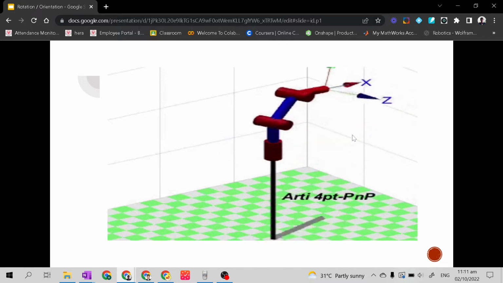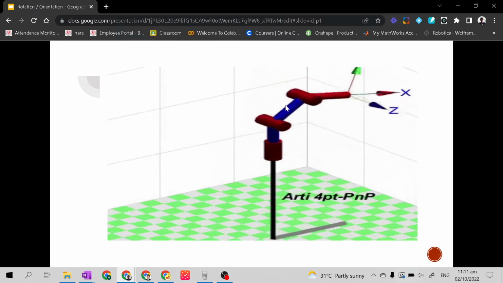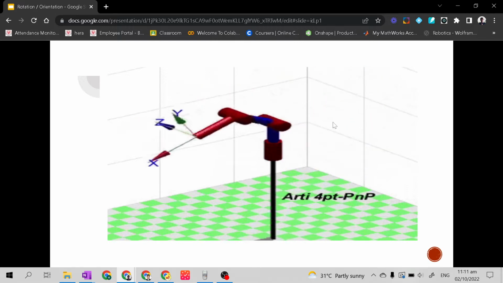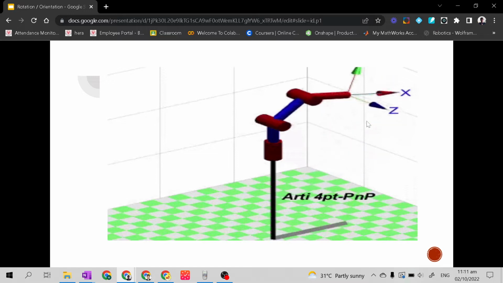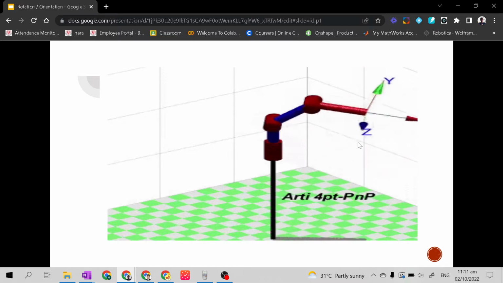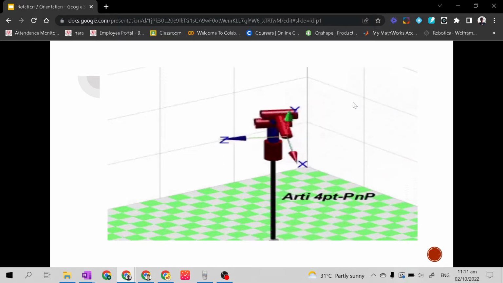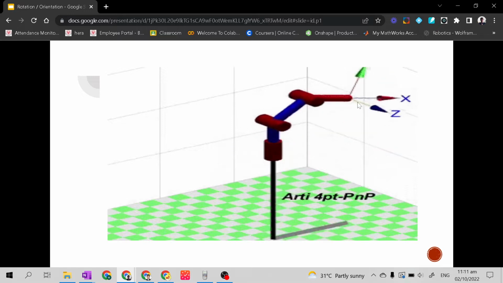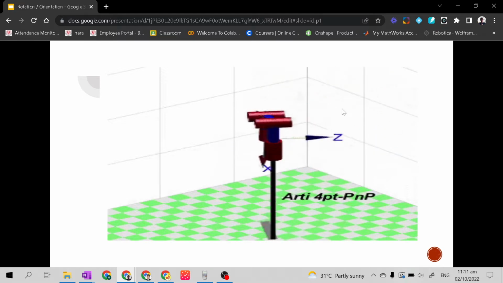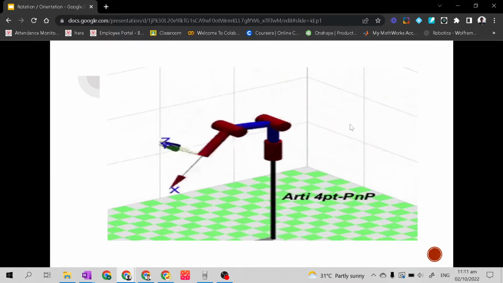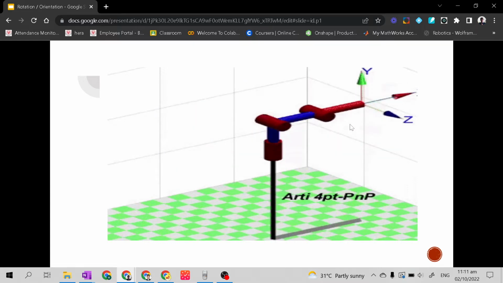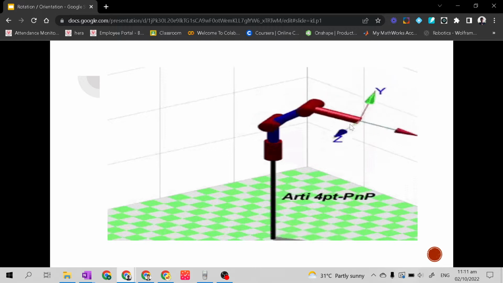Then, as you can see, as the mechanical manipulator moves, the position of the end effector changes. The change in position of the end effector is also called position or displacement.